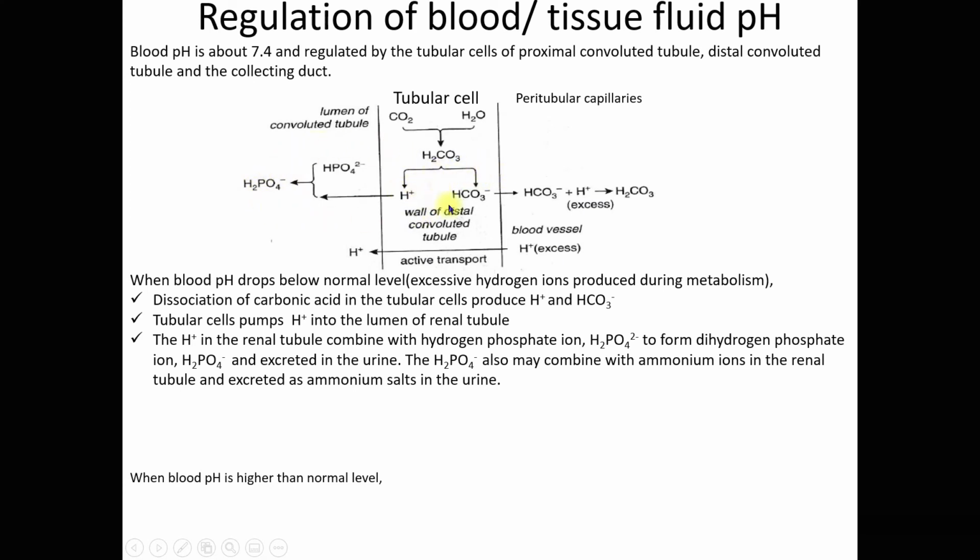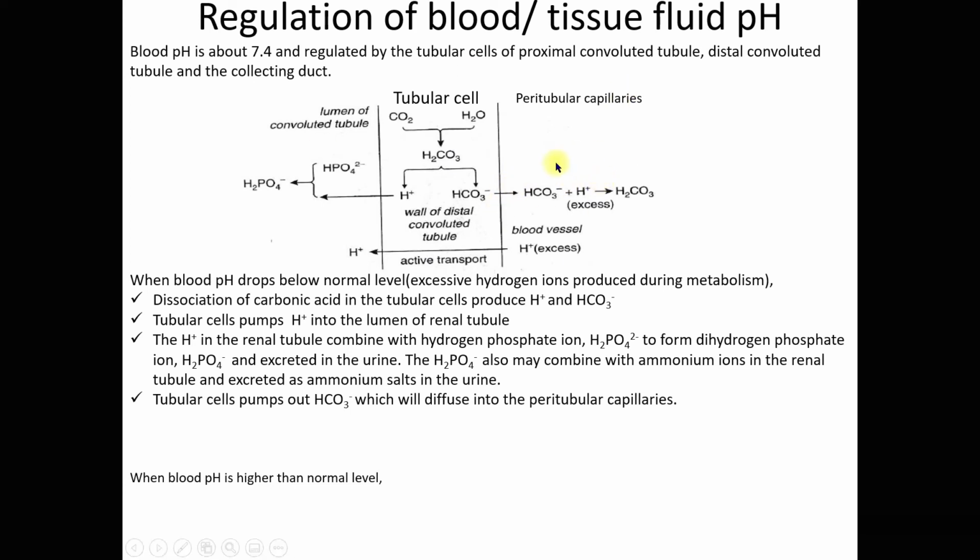Now we have the hydrogen carbonate ions here. These hydrogen carbonate ions will be pumped out by the tubular cells. After the hydrogen carbonate ions are pumped out from the tubular cell, they diffuse into the peritubular capillaries.